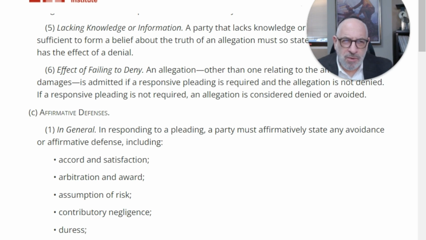And you are also technically required to plead the facts on which your affirmative defense is based. This is a requirement that is far more observed in the breach than in the observance or in the doing. People don't usually do it, but you're really supposed to, and technically your adversary could ask the court to require you to do so.